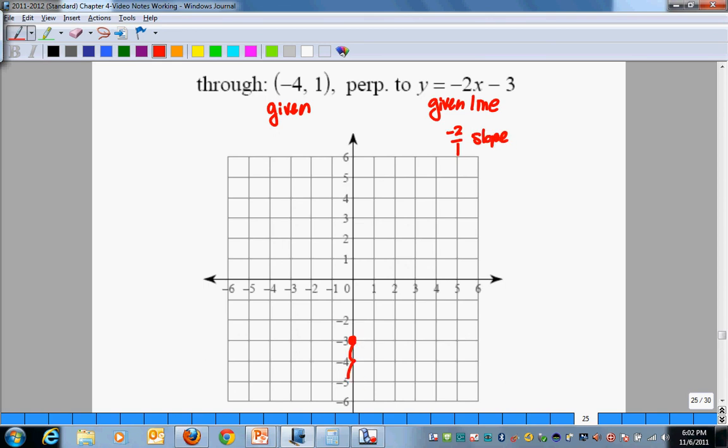So we're going to drop 2 and go over 1. We could also go up 2 and go over 1. Either way, it's negative, so our line must tilt downward from left to right. So that is your given line. And you can see that it does go through the point.